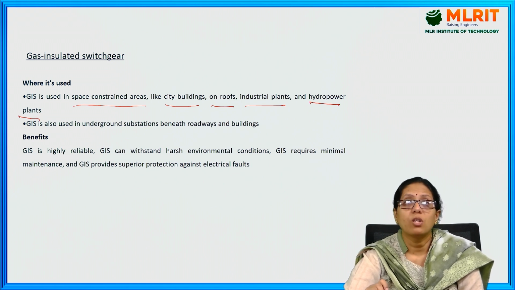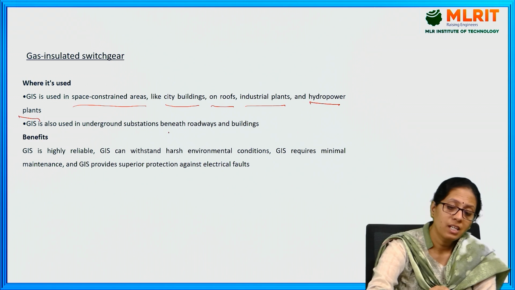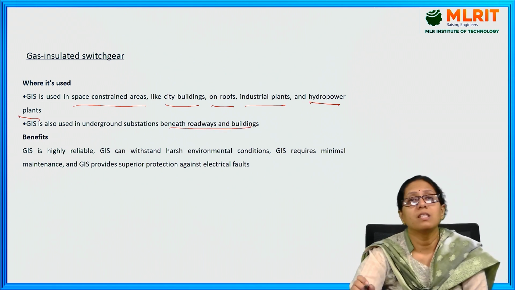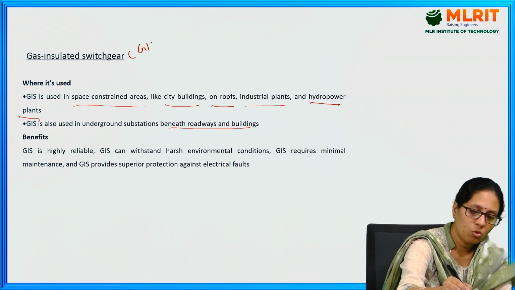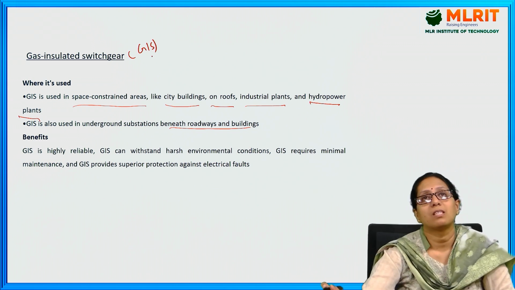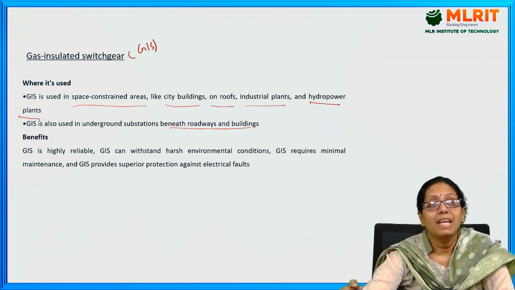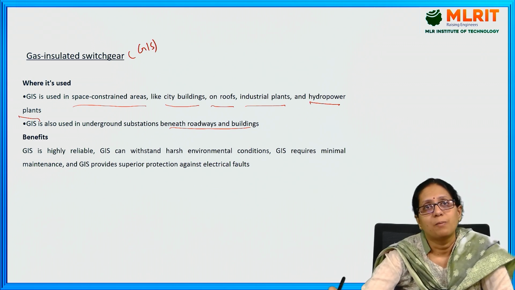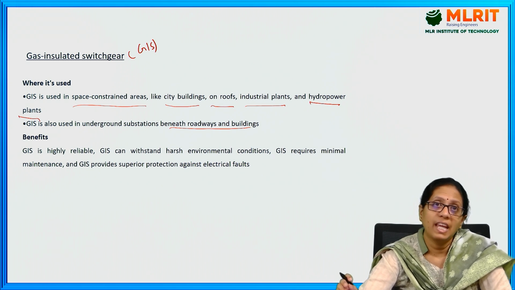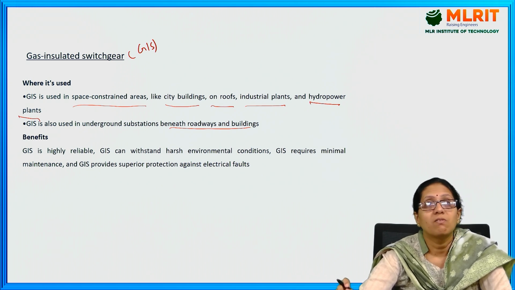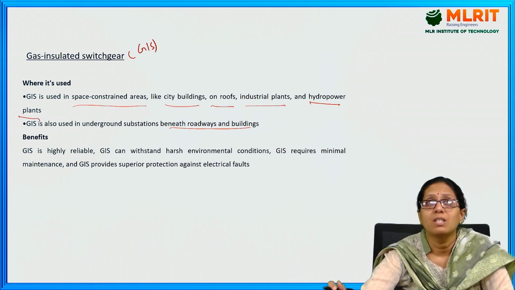GIS is also used in underground substations beneath the roadways as well as in buildings. When the area is very vast we use AIS, and when the area is very congested, we use GIS, that is gas insulated switchgear.